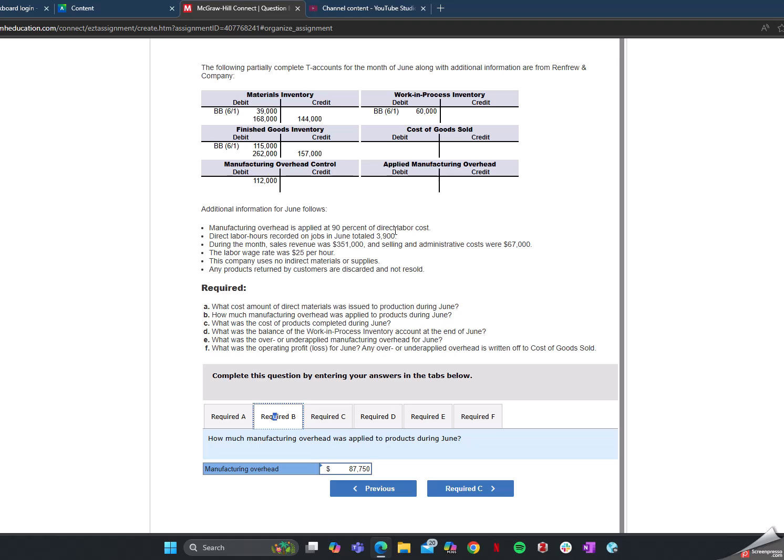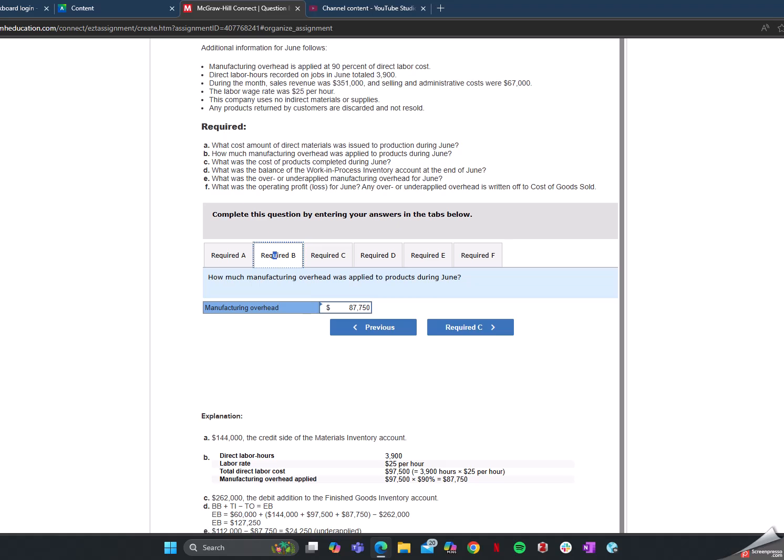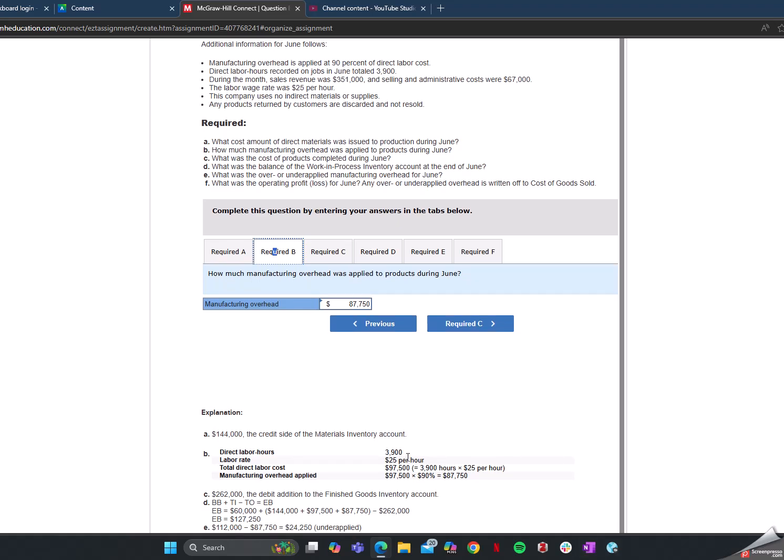Our direct labor cost we can calculate. We're going to take the 3,900 hours that they give us times the $25 per hour. So that's $97,500 is our direct labor cost, and we're going to multiply that by 90%.